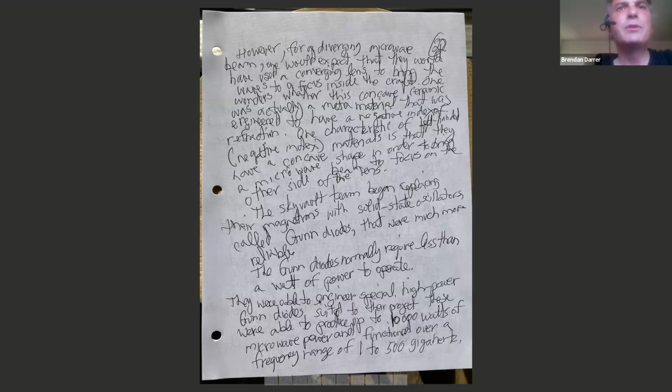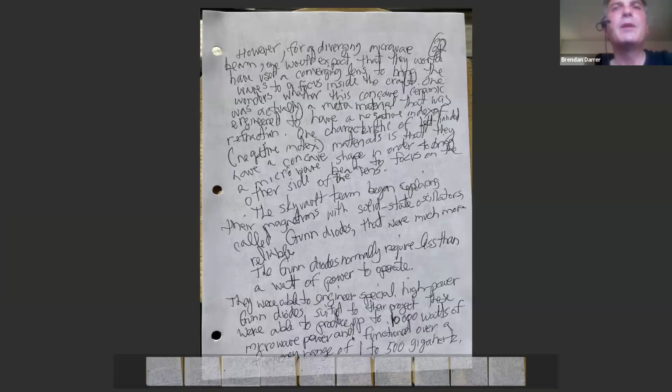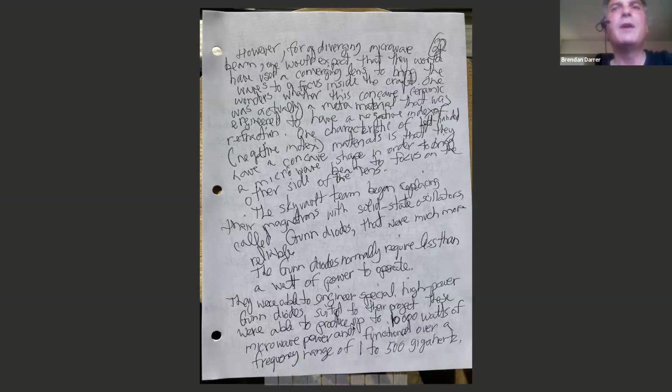They were able to engineer special high power gunn diodes suitable to their project. These were able to produce up to 10,000 watts of microwave power and functioned over a frequency range of 1 to 500 gigahertz.